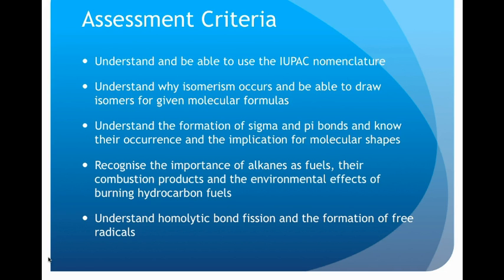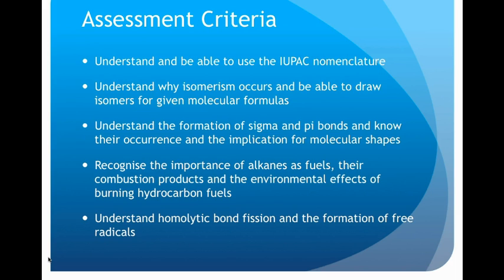The assessment criteria for this unit is as follows. You need to be able to use and understand the IUPAC, International Union of Pure and Applied Chemistry, nomenclature for naming compounds. Understand why isomerism occurs and be able to draw isomers.